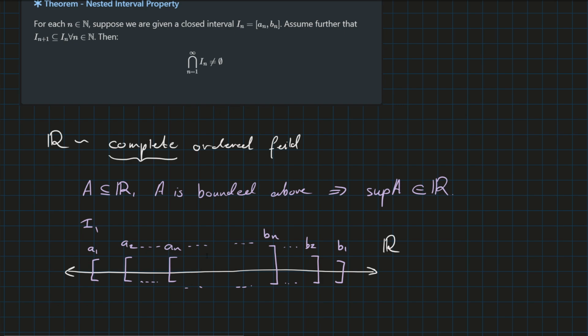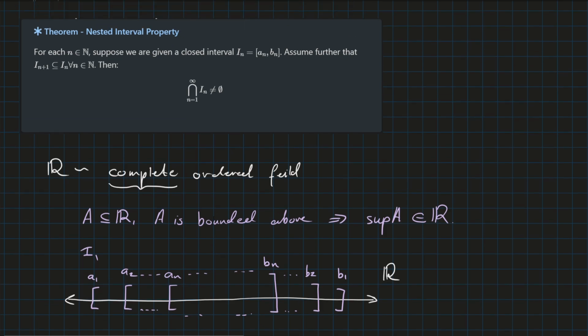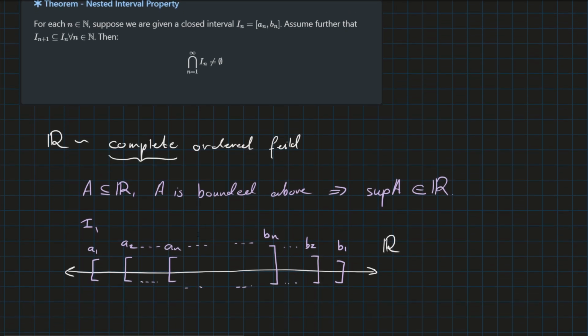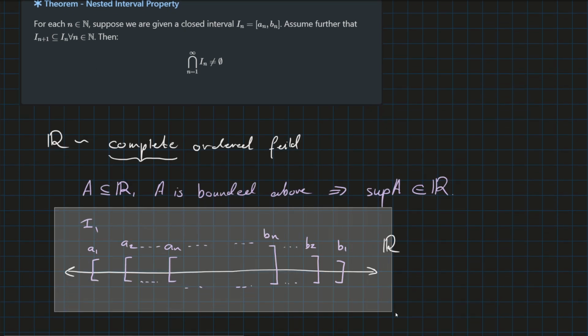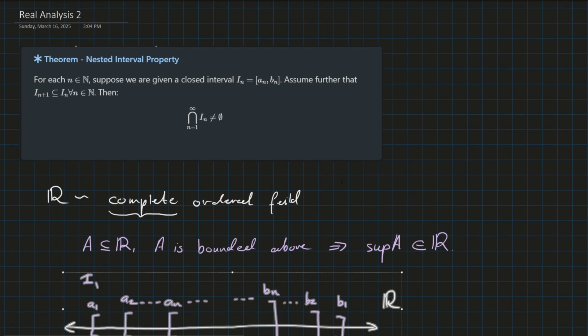So I can always squeeze in, but never so far that I lose the elements entirely. Okay, we want to prove this, and we're going to use the fact that R is a complete ordered field, this characterization of completeness, to show the nested interval property. In other words, that this infinite intersection of all the intervals is non-empty.